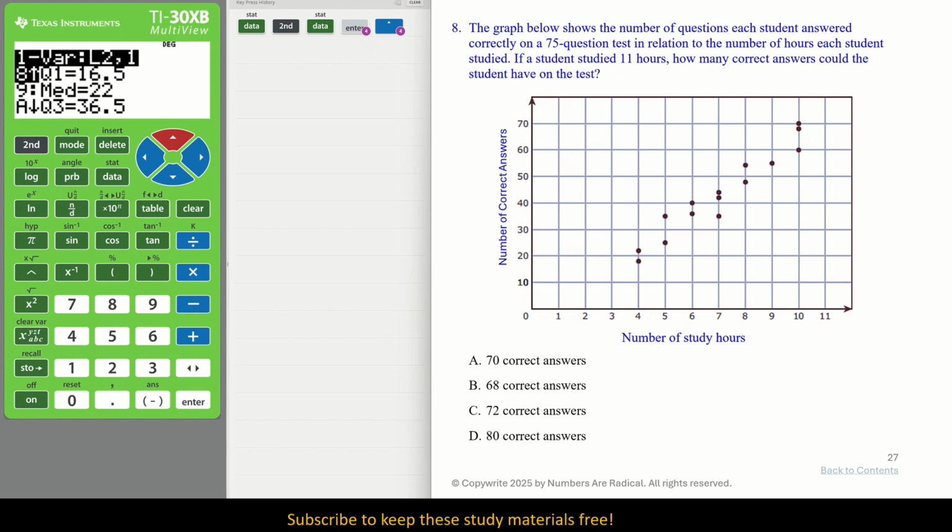If the student studied 11 hours, how many correct questions could the student have on the test? First off, you can't go over 75 correct questions. That doesn't make sense. So automatically, D is out. It just doesn't jive, right?